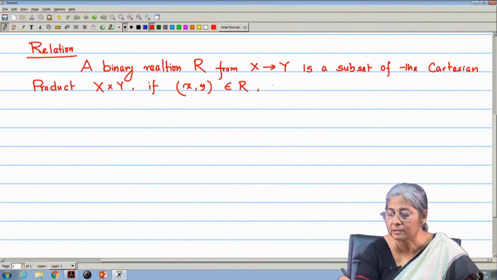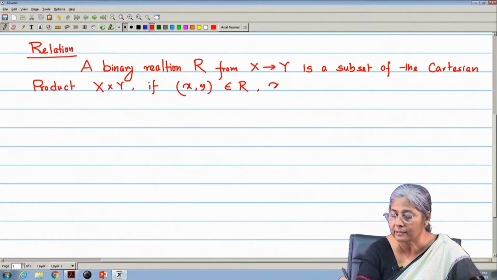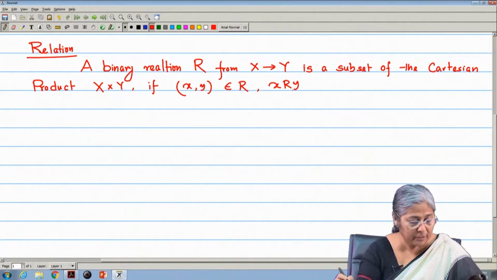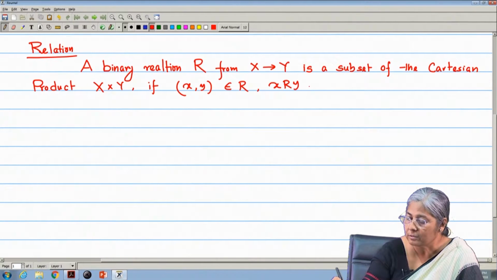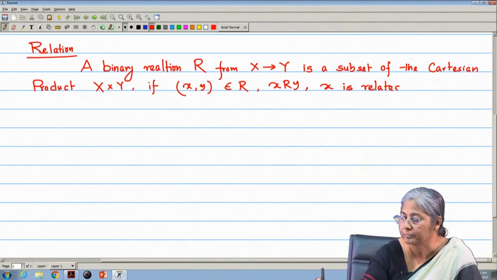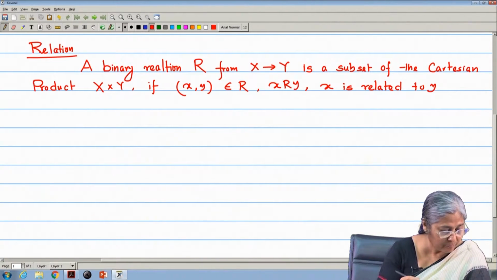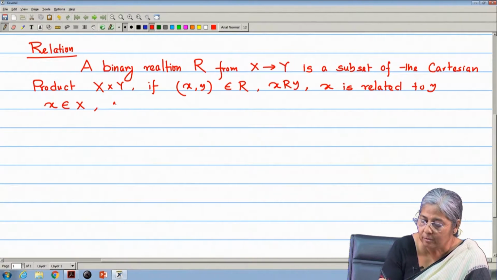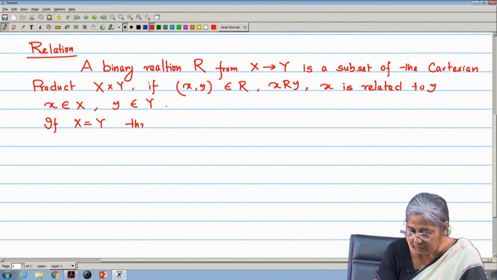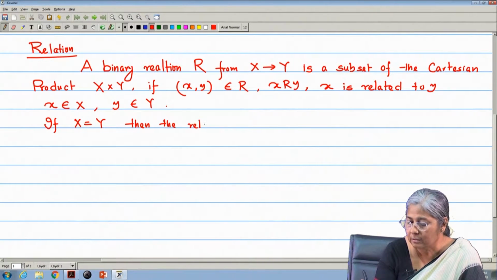And normally we denote this as X R Y, where X is related to Y. Here X belongs to the set X, Y belongs to the set Y. And if X equals Y, then the relation R is on set X only.